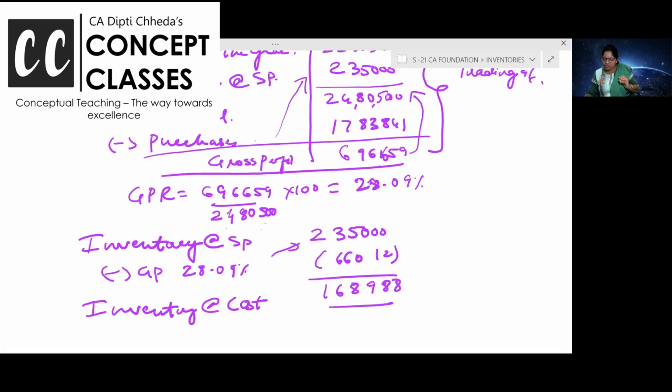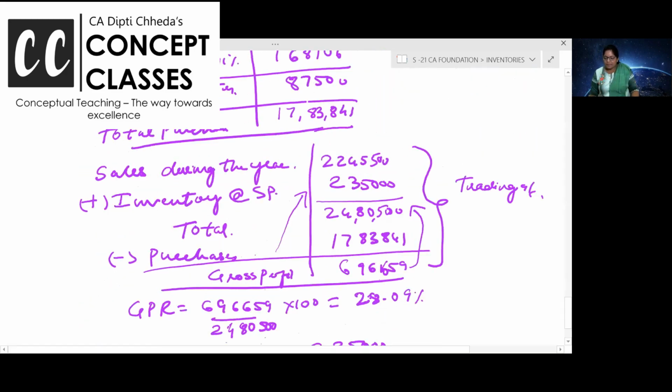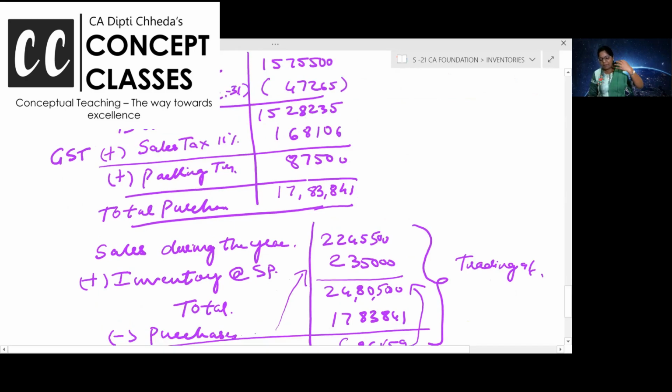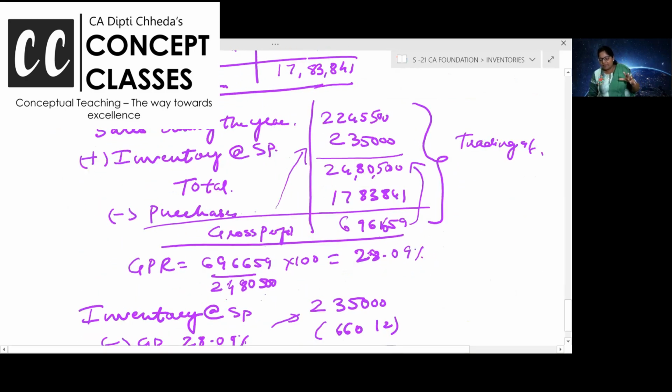Take your time, check everything, ask me doubts, go beyond the calculations. Even I was going slow in the calculation, but then I hope it is clear to all of you. Nice, it is very nice. See, first we got the correct purchases. Trade discount minus, GST add, packing, carriage, all add.